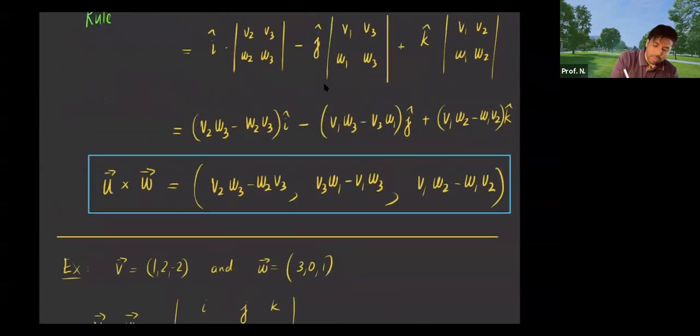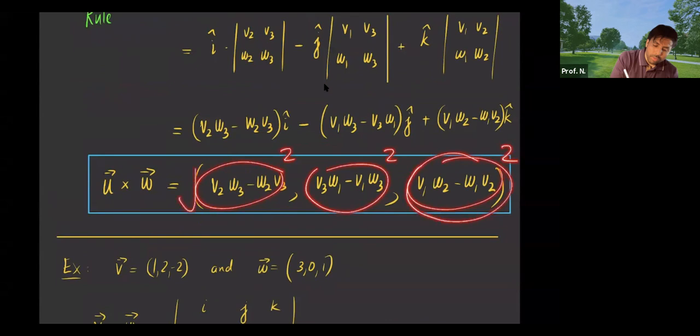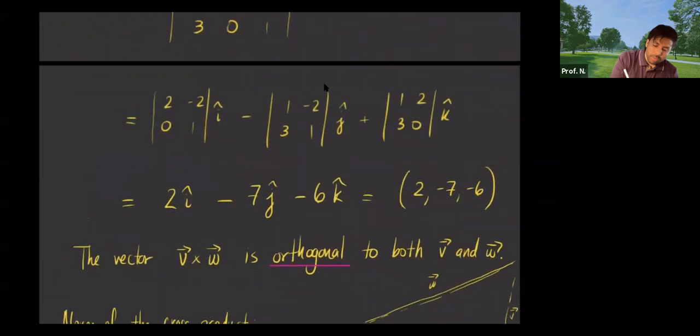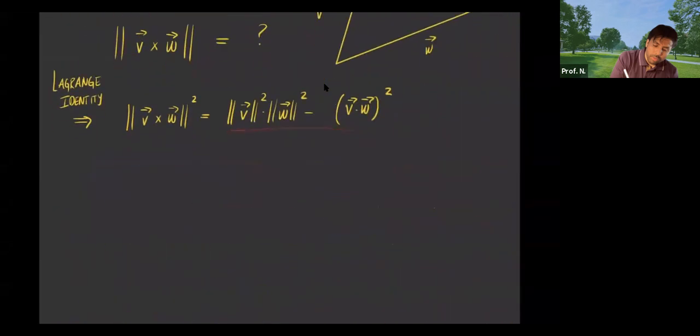And v cross w is this. If you take the norm of this, which is to take this and square it, this and square it, this and square it, and take the square root of that, well, if you square that, you get rid of that square root. So if you take this and square it and add it to this squared and add it to this squared, you would get this stuff on the right. Of course, I'm not going to go through the tediousness, but you can check it yourself if so be it. But this is called Lagrange's identity.